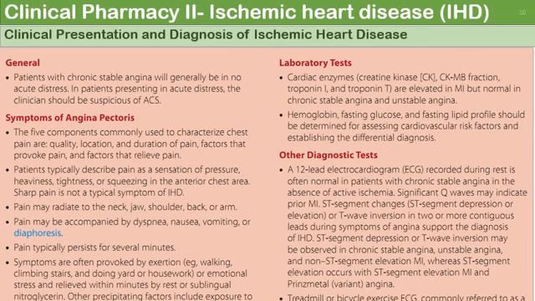The pain may radiate to the neck, jaw, shoulder, and back or arm, especially the left side. The pain may be accompanied by dyspnea, nausea, sometimes vomiting or diaphoresis. The pain duration may last for several minutes, and is relieved by sublingual nitroglycerin or reduction of physical activity.